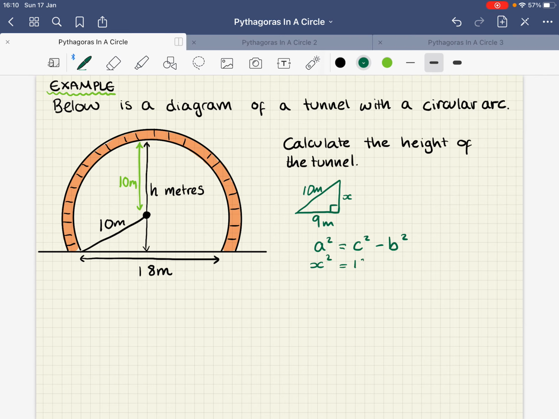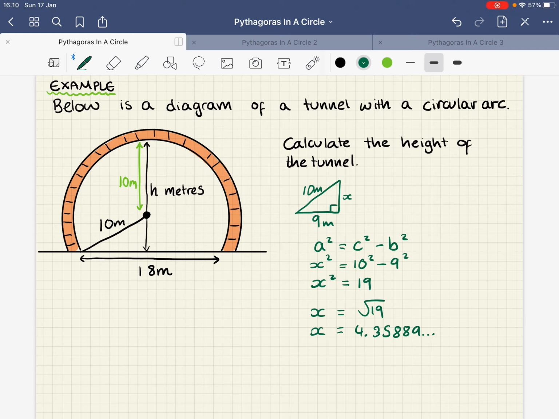It's going to be x squared equals 10 squared minus 9 squared. So that means x squared is going to equal 19. So x is root 19, which means x is going to be 4.35889 and so forth.